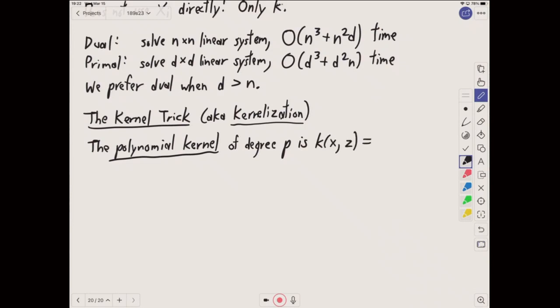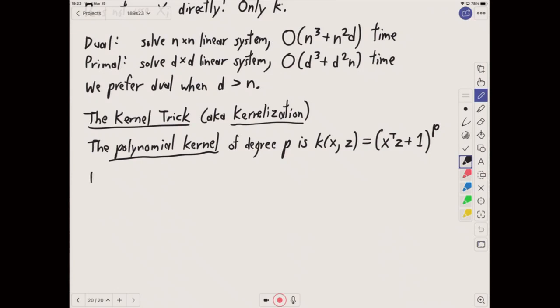The kernel function given two vectors, x and z, both of length d, is x transpose z plus 1. Note that that's going to be a scalar. X transpose z is just an inner product. It gives you a scalar. And then we take that scalar to the power of p. So we're going to substitute this kernel function into the dual ridge regression algorithm I just taught you.